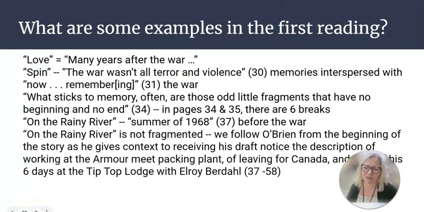It's kind of interesting that that chapter is not fragmented. It's really told in kind of a typical fashion, the structure of beginning the story at the beginning and then moving to the middle and then getting to the end, as we follow him on that 6-day trek up at Tip Top Lodge, is followed pretty smoothly.